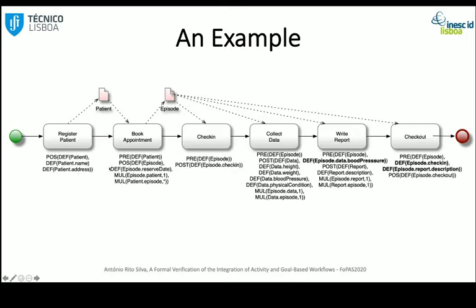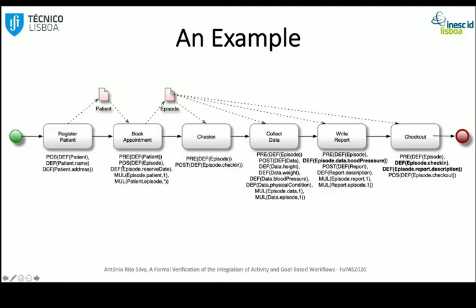Okay, and each one of these activities actually has a set of pre and post conditions. So to register the patient has no precondition, but has a post condition that you basically create an instance of patient and its name and address.